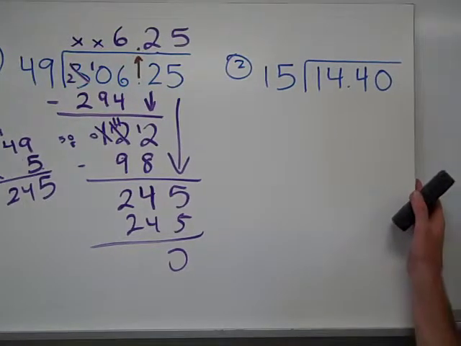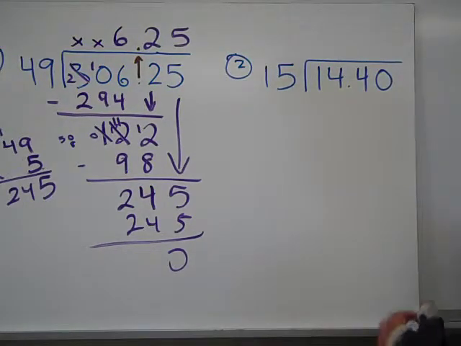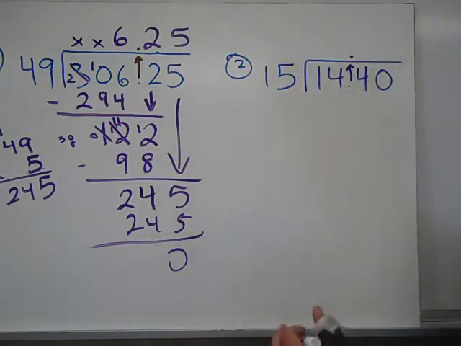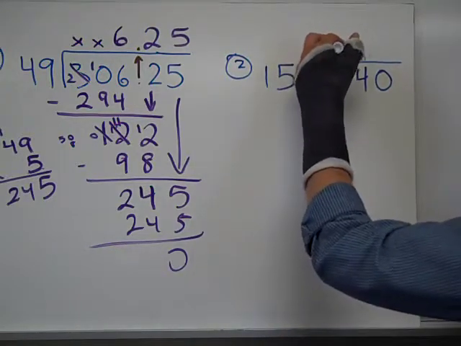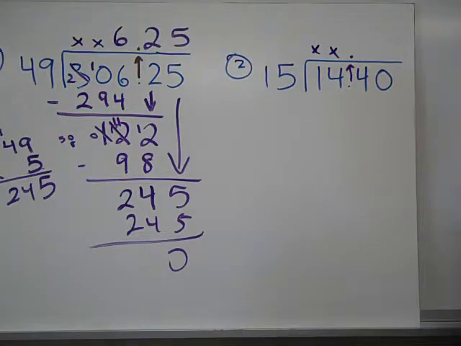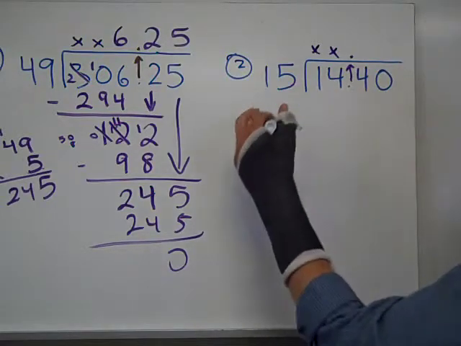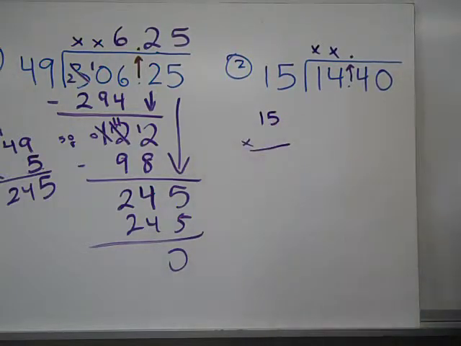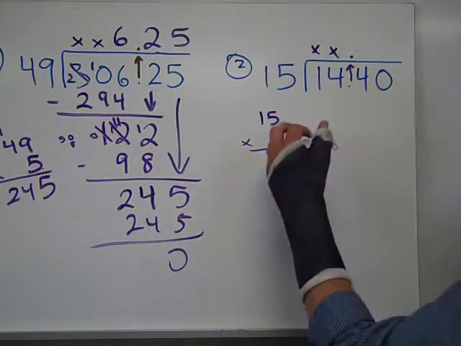Let's try this one. Same thing. Bring this straight up. And it's just division. 15 can't go into 14 because 15 is greater than 14. So we've got to go 144. 15 times what equals 144? It's a lot, huh? So let's just guess.